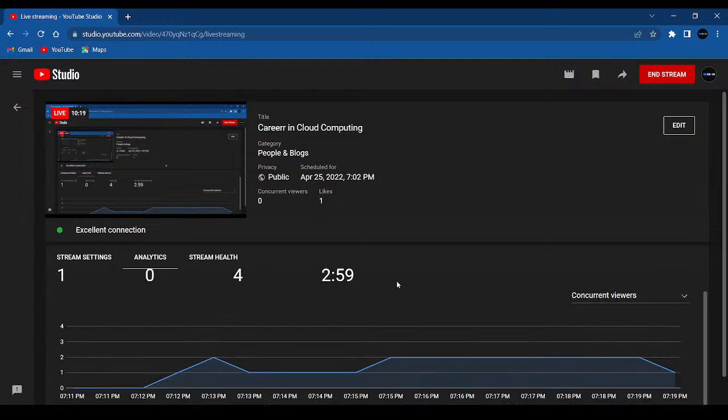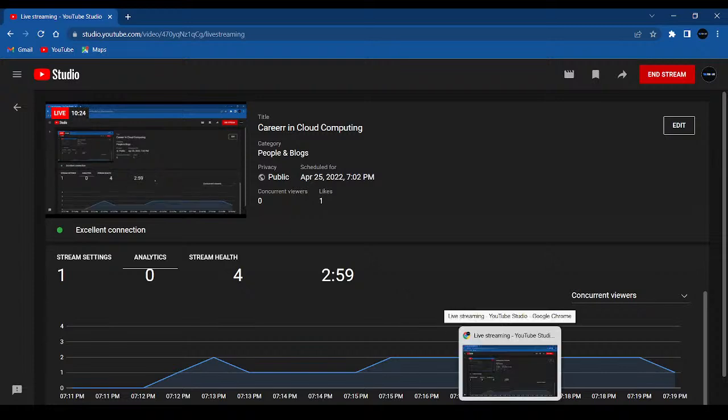Can anyone tell me whether my screen is visible or not?